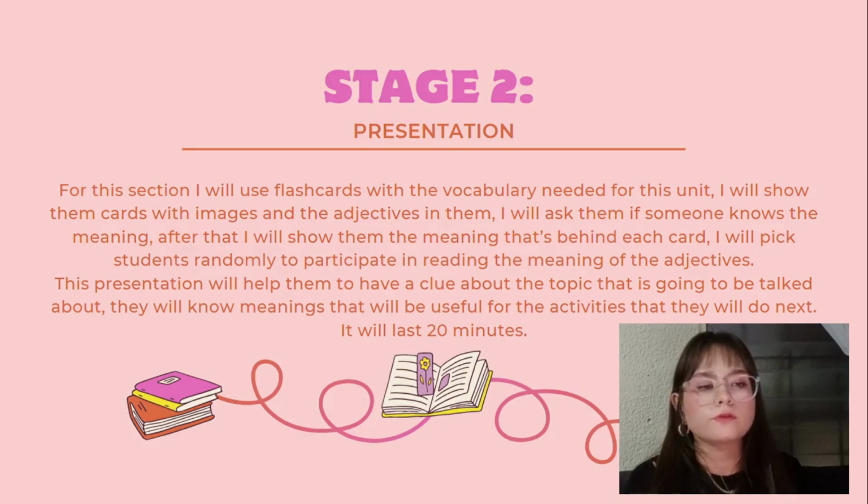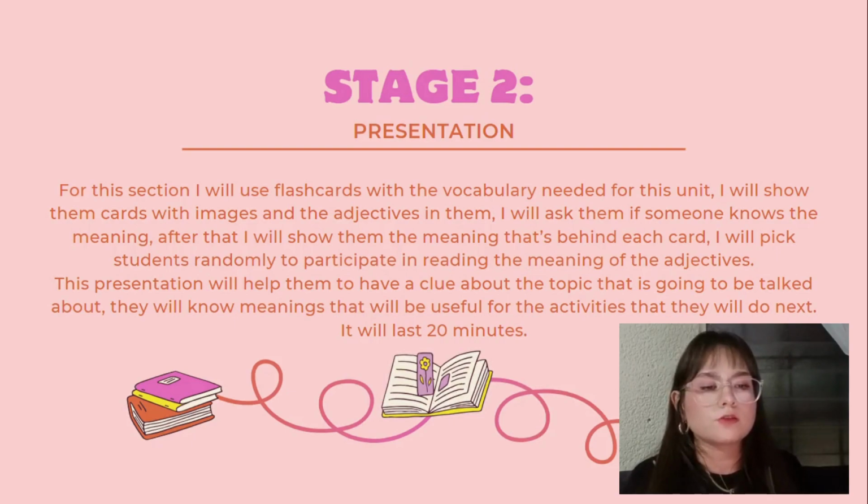So I will use flashcards with the vocabulary needed in this unit. I will show them cards with images and the adjectives in them, and I will ask them if someone knows the meaning. I wanted to participate too, and after that I will show them the meaning that's behind each card. I will pick students randomly too to participate in reading.